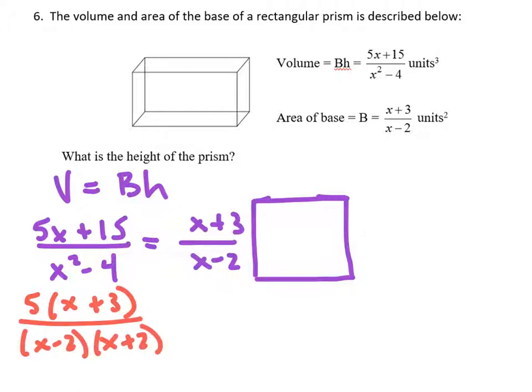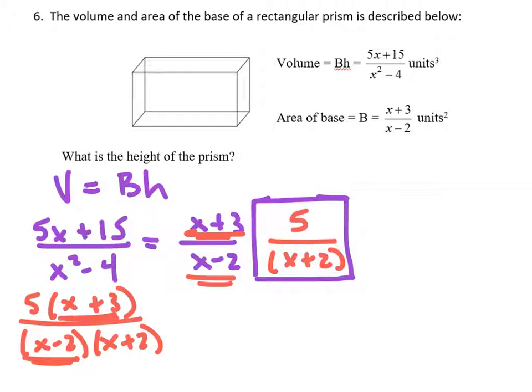Now notice that this factor is already sitting here, so that means we need an x plus 2 down here. And also notice that the x plus 3 is here, so we need a 5 there. This would be our height. That would be the height that we would be multiplying by to find our answer.